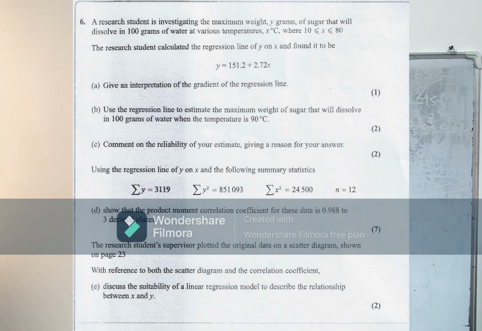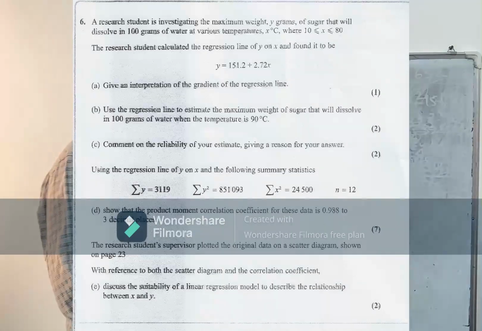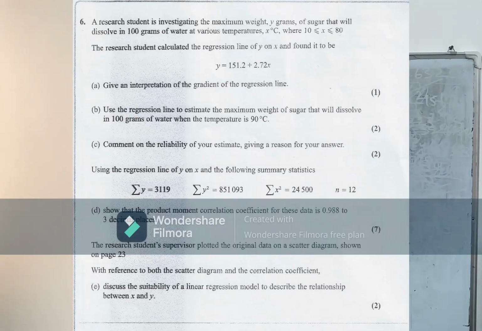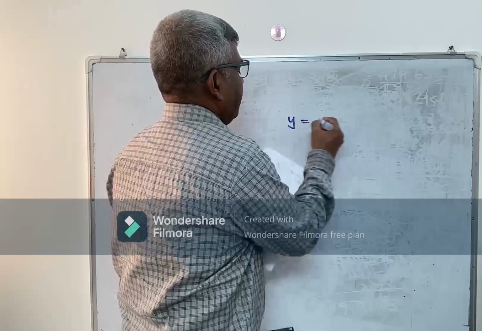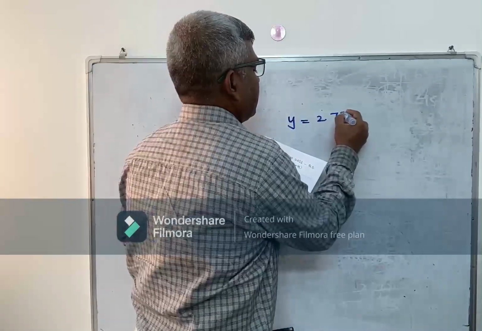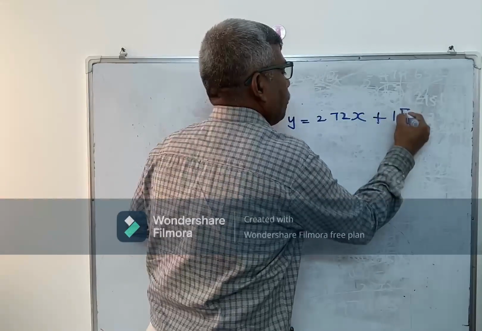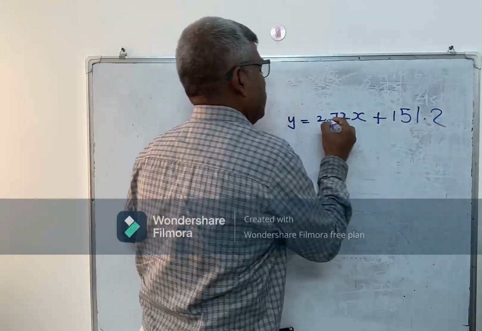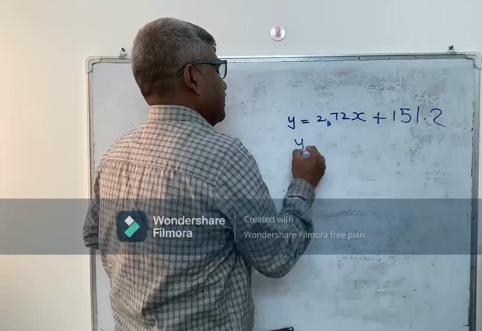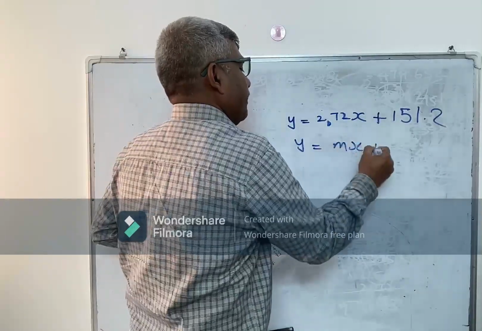Question A. Give an interpretation of the gradient of the regression line. What is the equation? y equals 2.72x plus 151.2. This is similar to y equals mx plus c.